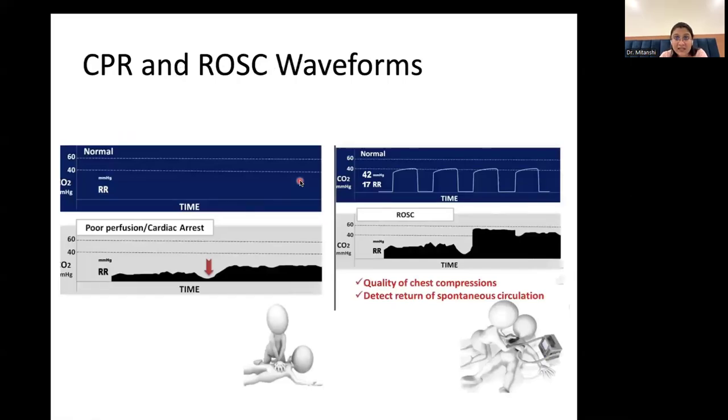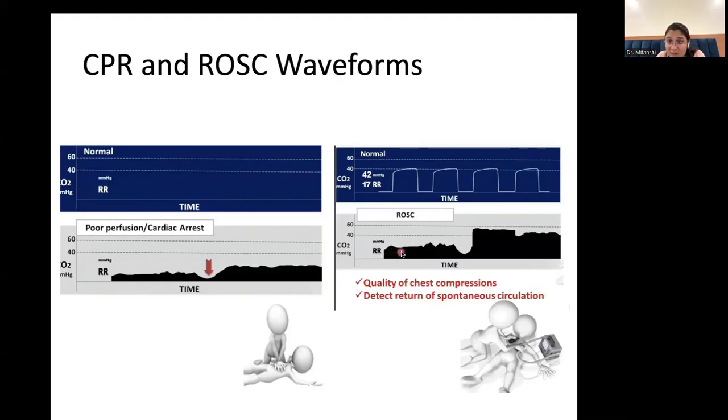The best way of knowing if your CPR, cardiopulmonary resuscitation, is successful is also shown by EtCO2. Now, in the American Heart Association, EtCO2 is a very important parameter, not only for general anesthesia monitoring, but also for CPR monitoring, because it will tell you the quality of your chest compressions, and also it will detect the return of spontaneous circulation.